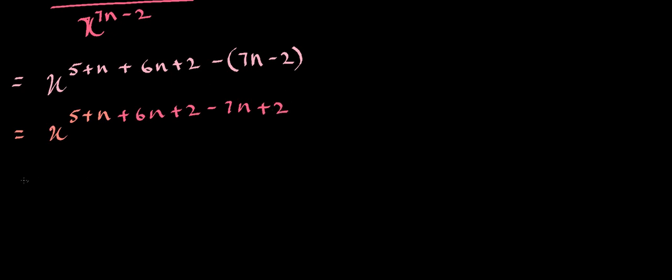That is equal to x raised to 5 plus 2, 7, 7 plus 2, I have 9, and n plus 6n will give me 7n, and 7n minus 7n will give me zero. So nothing is left of n's family. Here we have my final answer as x raised to 9.